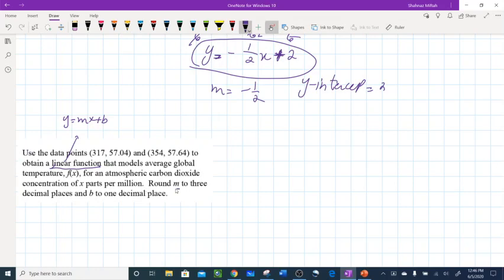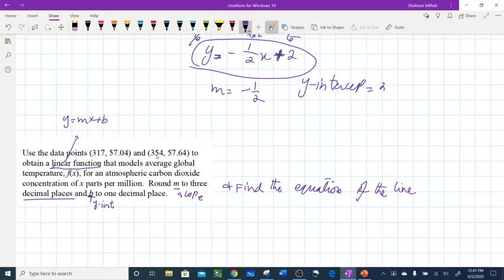Round m, the slope, to 3 decimal places, and b, your y-intercept, to 1 decimal place. What is a linear function actually? A linear function means y equals mx plus b. I'm just writing everything I know about this question. They are also looking for the equation of the line.